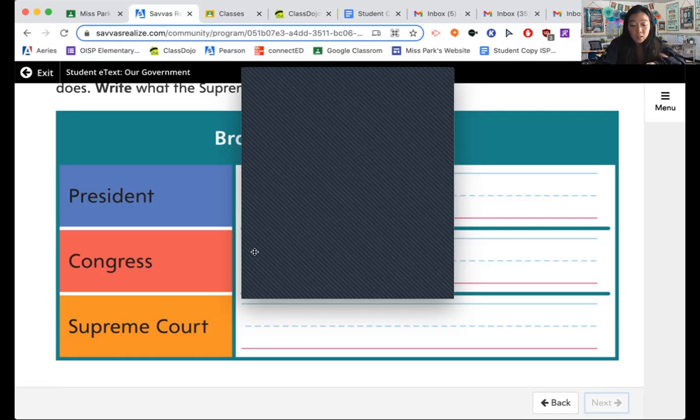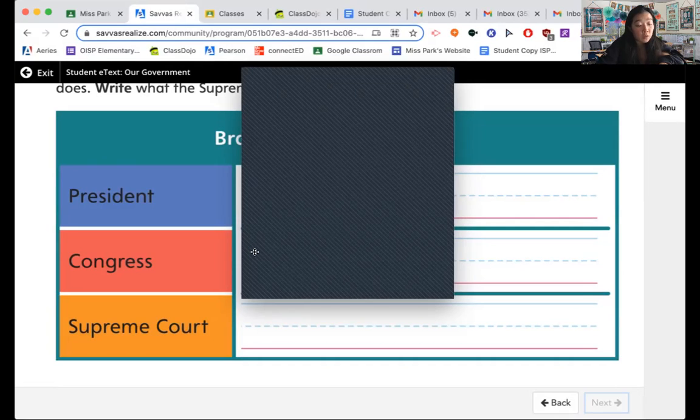And then the last one is our Supreme Court, which is going to be page 84. The court system is another branch of government. State and local courts mainly decide if a law has been broken. National level courts decide issues between states and laws for the whole country. So the Supreme Court is the country's highest court.